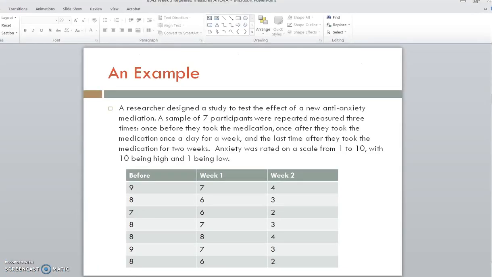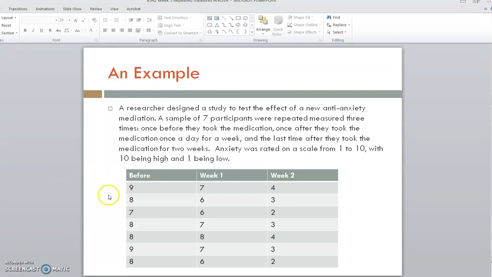Today, using an example, we are going to learn how to conduct a repeated measures ANOVA in SPSS and read the output. Here is my example. The researcher wants to study the effect of an anti-anxiety medication.